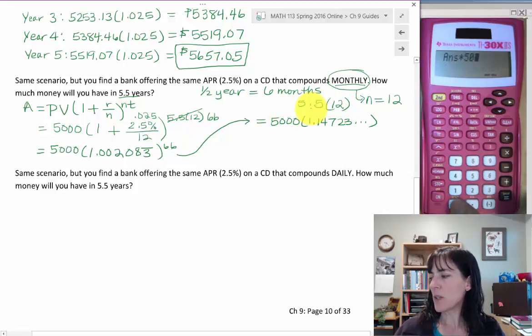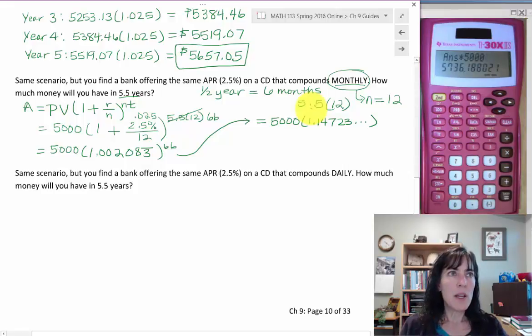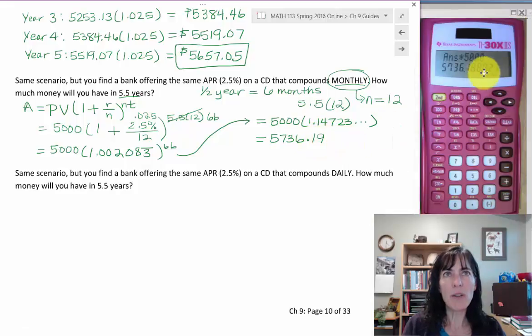Times 5,000 equals, and now I have 5736.18, but I have an 8 following right there, so I need to bump up this 8 to be a 9. And remember, this is money.